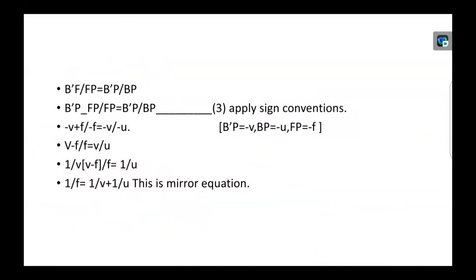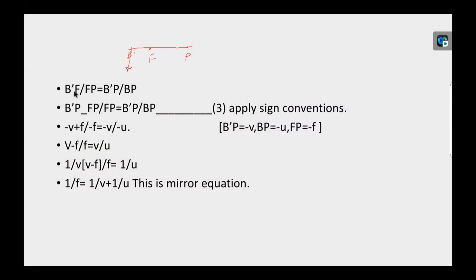In that one, we have got B dash F by FP, and that is equal to B dash P by BP. In this one, we have got in the previous diagram, in B dash we have got image position. Here F will be, here P will be.